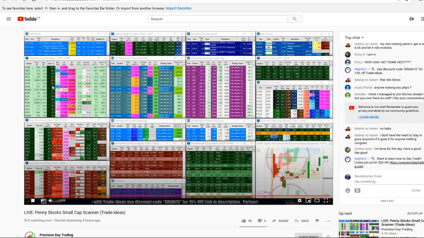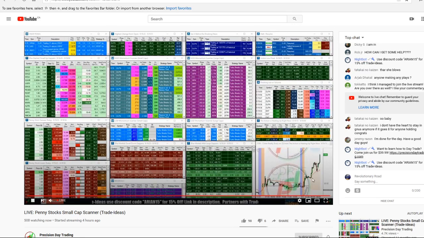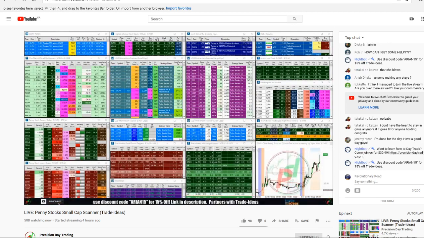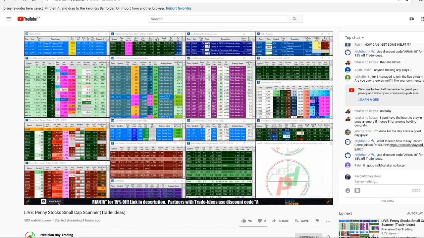So when these are really overextended, a lot of times they will pull back, which is what you're doing when you're shorting: you're looking at some of these stocks as overextended, and then you'll go in and short them and make a little bit of money as they flush back down towards where they should be trading. I'll go into that real quick when I go into the stock, but right now I just want to go over this scanner.